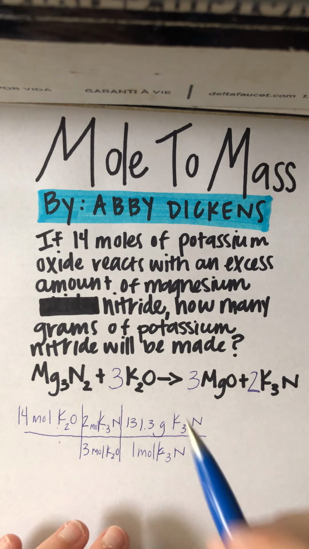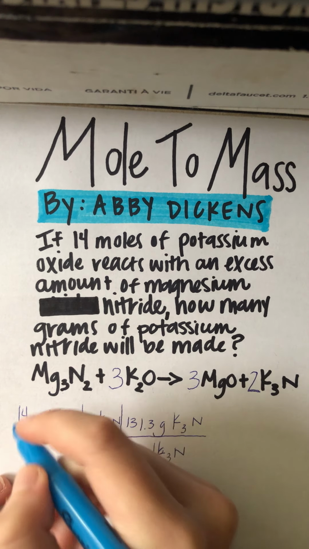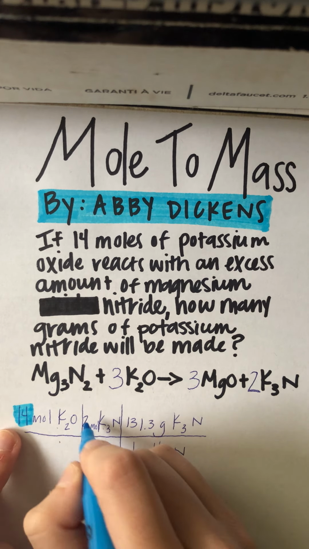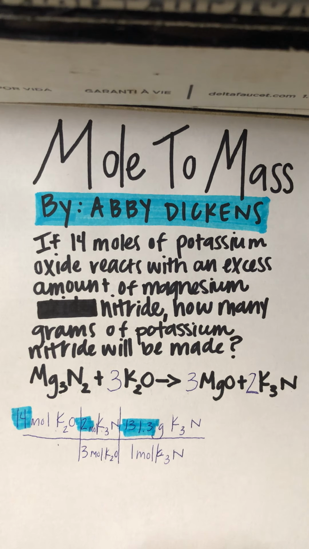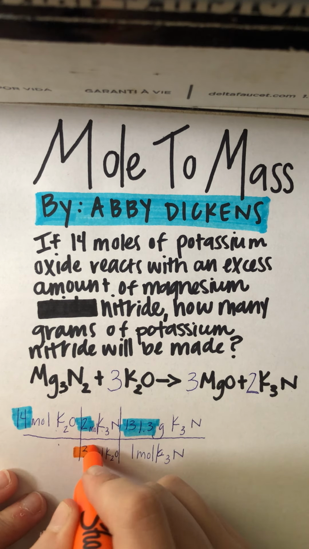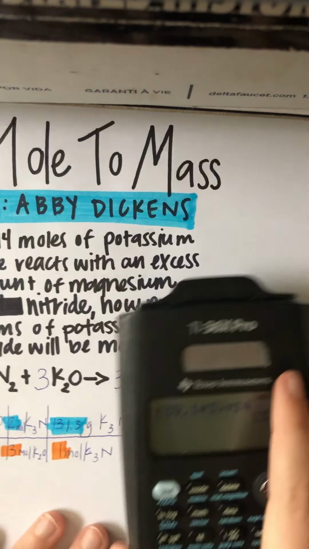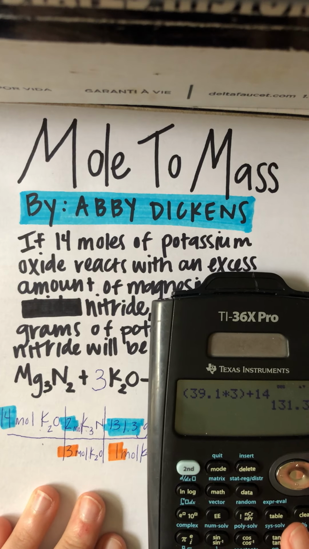Now, to find what the question is asking, all we're going to do is multiply the top numbers. So 14, 2, and 131.3. And then we're going to divide those by 3 and 1. We're going to put parentheses so that we make sure the multiplication is happening first.